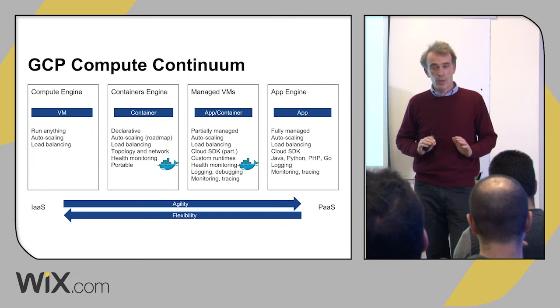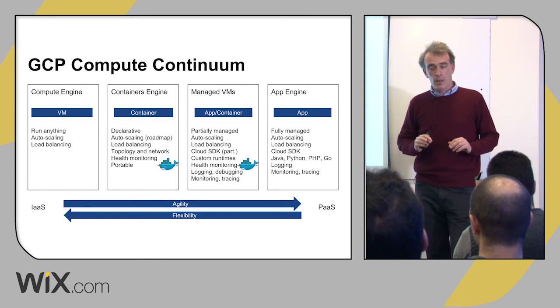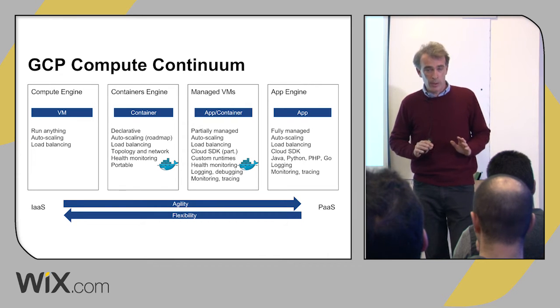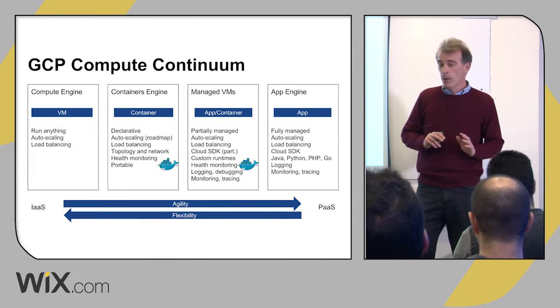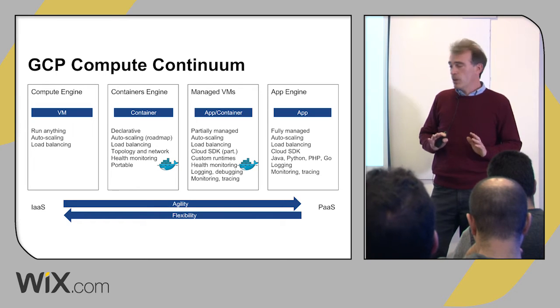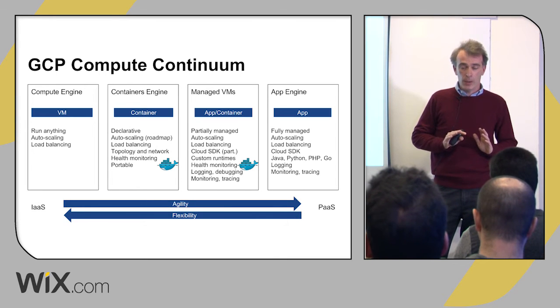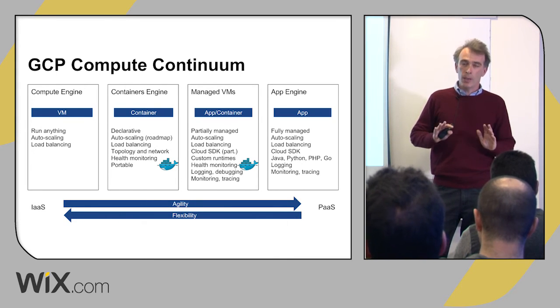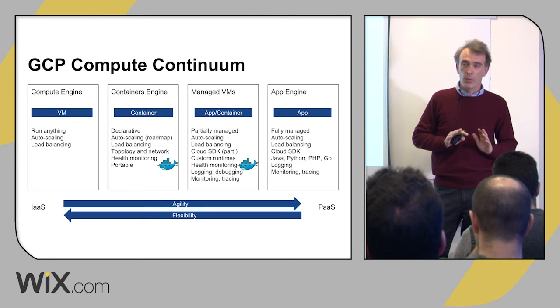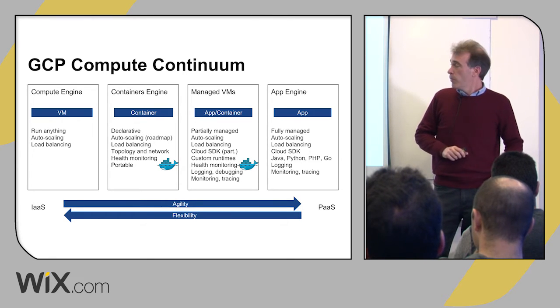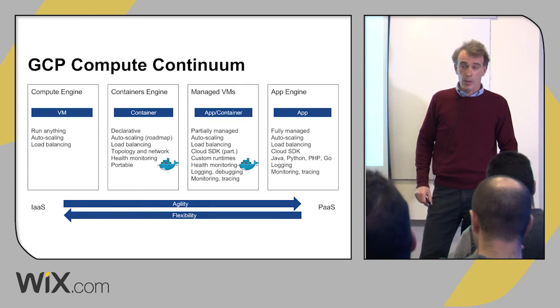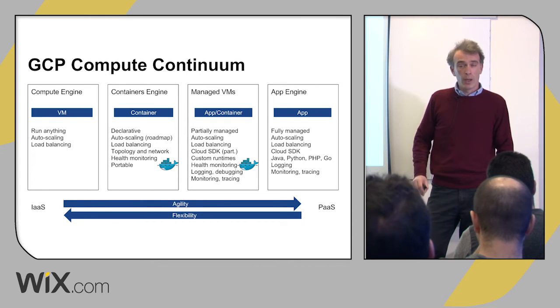It will monitor them. It will do auto-scaling. Currently, it's not implemented, but it will be released very soon. It will do load balancing. It will configure not just the container, but also the network topology for communication between your services. It will do health monitoring.